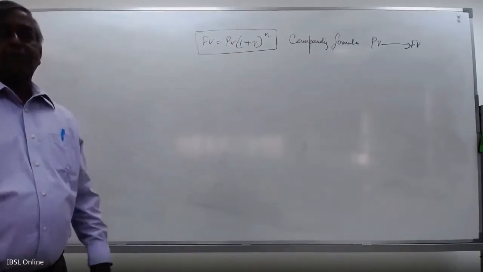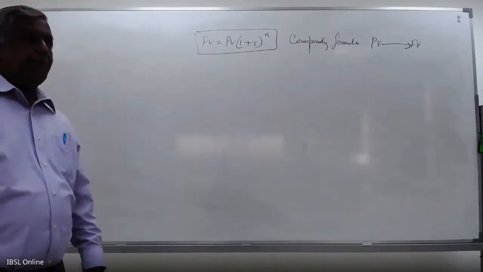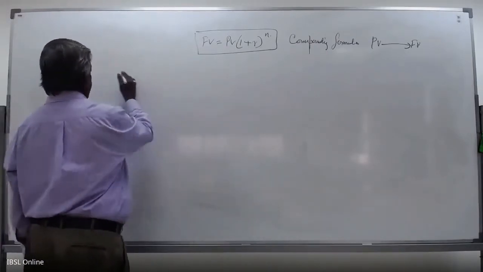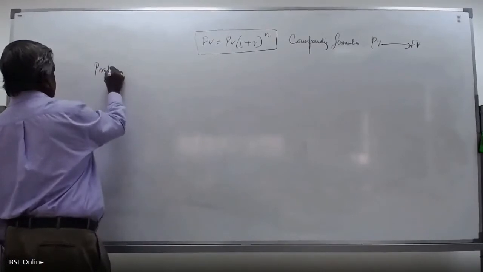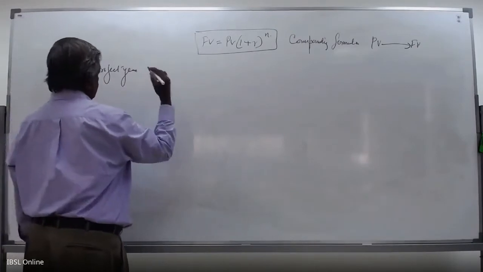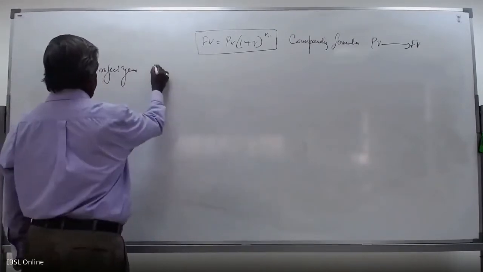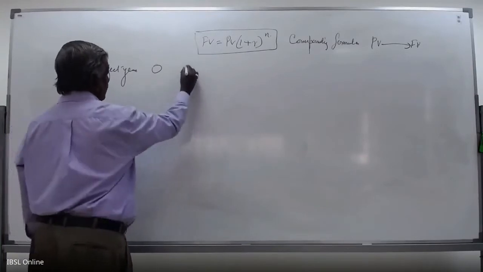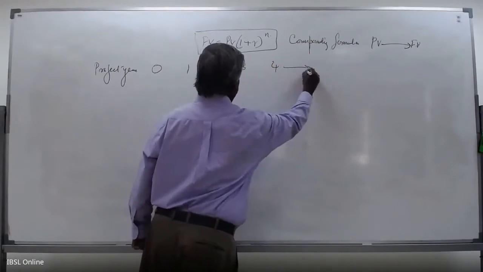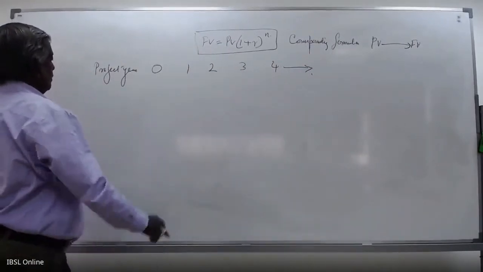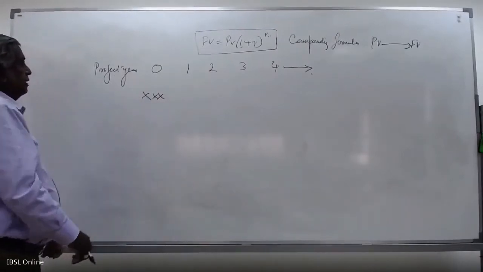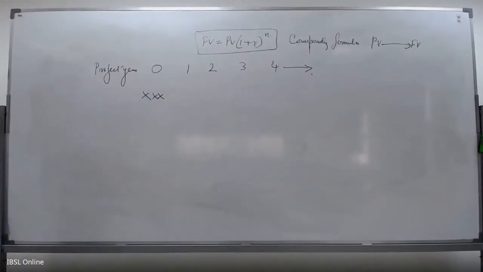Now we go on to another area. Now I told you today, in the project years, some investment you are doing in a machinery. So this is year 0 now, then year 1, year 2, year 3, year 4, it goes on. You are investing some money in a machinery or in a project.